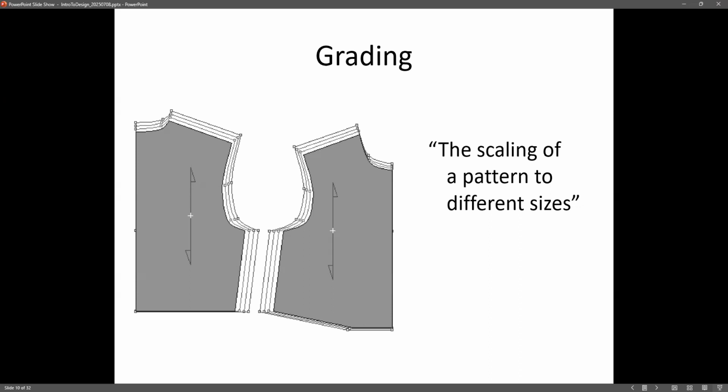Now, if you're just designing something for yourself, if you're replicating something that already exists, then what you're doing is measuring the thing that already exists. Those decisions are really easy, right? But if what you want to do is calculate something or produce a pattern that fits multiple people, then we need to think about grading.